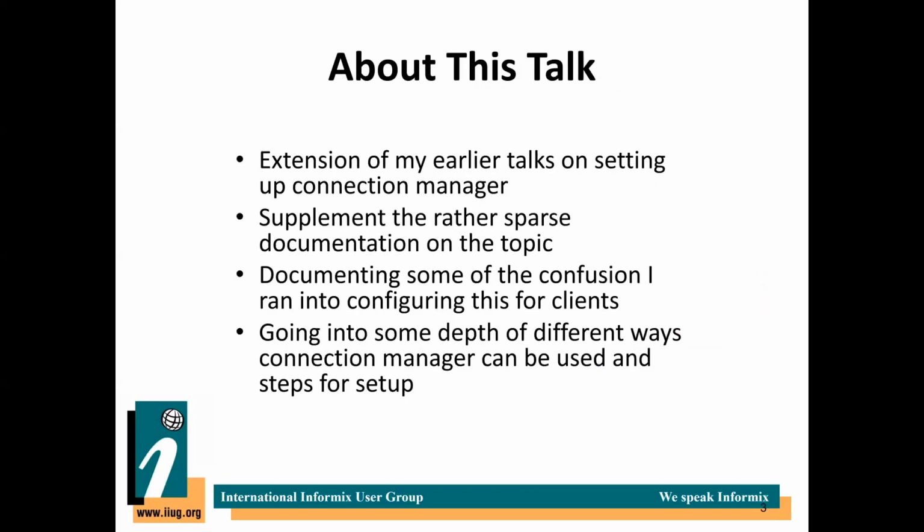Really, the Connection Manager documentation out there is incomplete, I think is a fair way to put it. You can find out most of the settings through the assorted HCL and IBM documentation, but there's not a lot of explanation for how they fit together, what you actually need to configure, and for a lot of people, there's a good deal of trial and error.